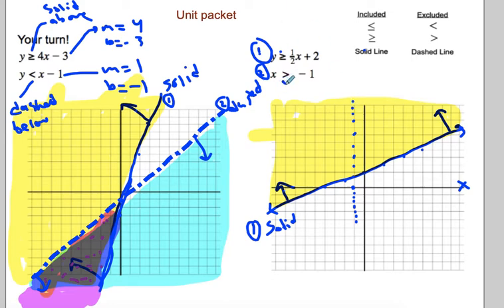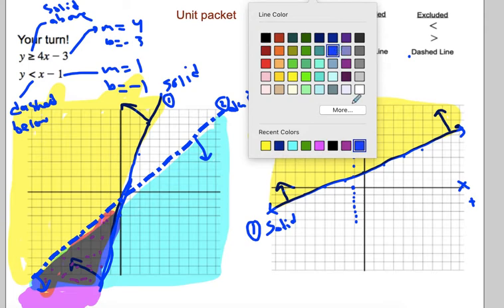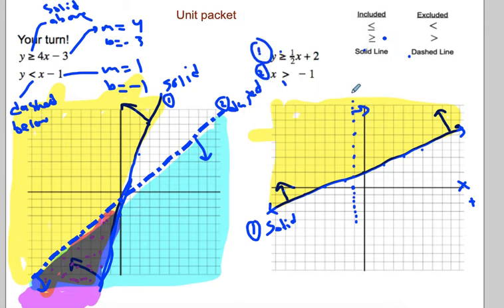This tells me that it should be dashed, and we want to be strictly greater than -1. On the x-axis, the more positive numbers are to the right, so we should be shooting off to the right. Oh, I wanted to make this dashed. Hold on. Here we go.